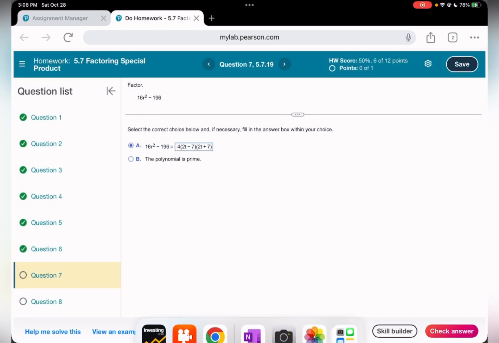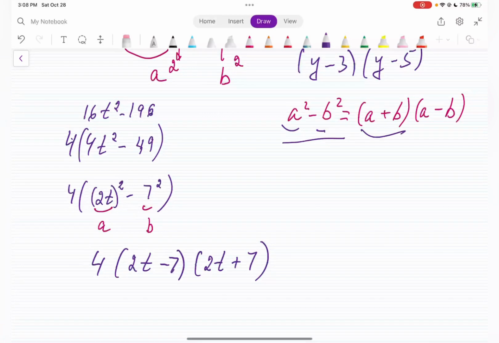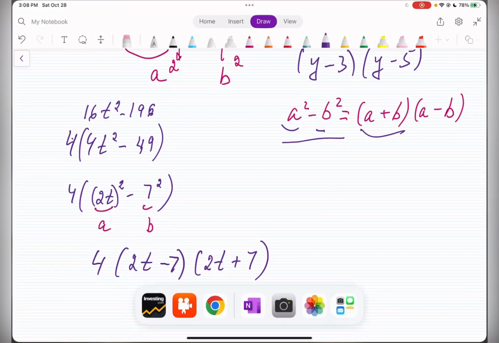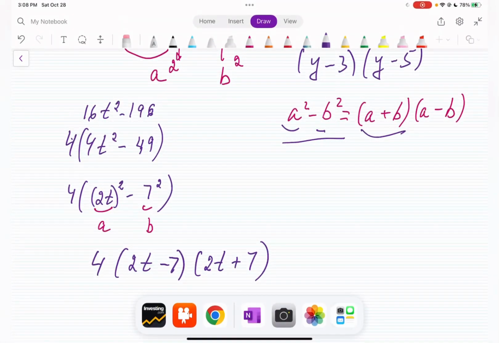Well, let me see what I have. 4 times 2t minus 7, 2t plus 7.